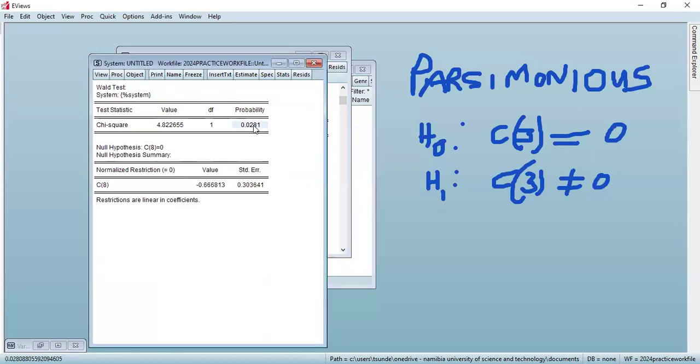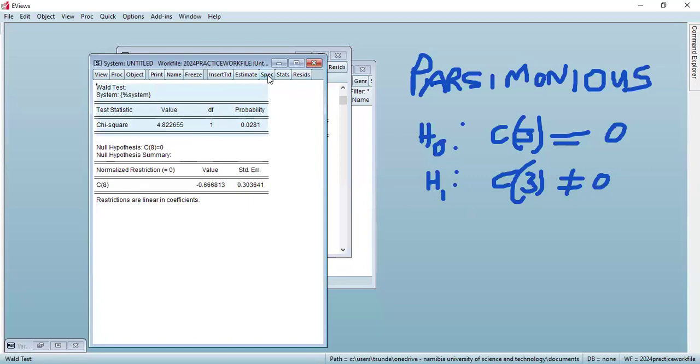It's a formality. So we are saying GDP in the second equation Granger causes PCE at 5% level of significance. This is what this result is telling us. In the first one we did, PCE was Granger causing GDP at 1% level of significance.